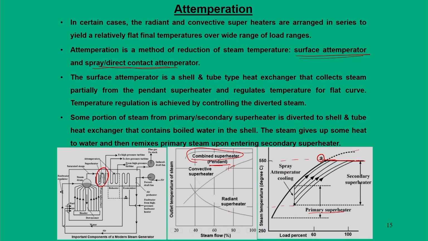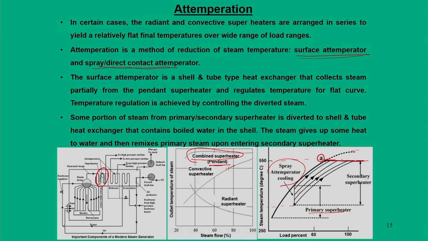So, how do you do it? We do it by a method called spray attemperator cooling, where some collected water from the steam drum is sprayed, so as to keep this in a flat curve, so that unnecessarily the temperature should not rise, rather it should lead to a flat curve.